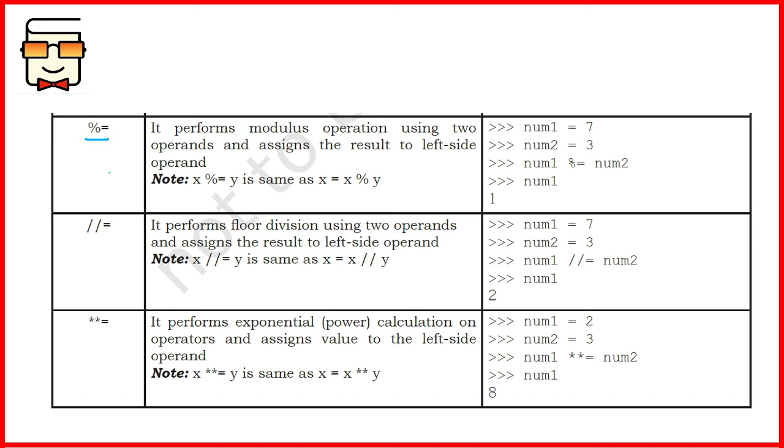Similarly, the modulo equal to sign will perform the modulo operation between the two operands, that means between x and y, and then assign the resulting remainder value to x. The same holds for integer division and the exponent operator.